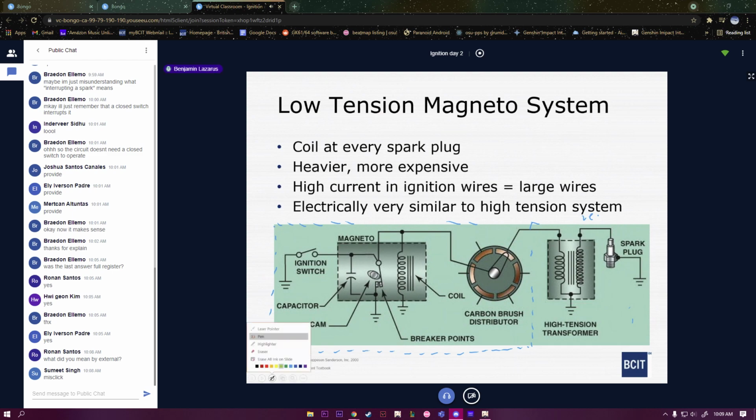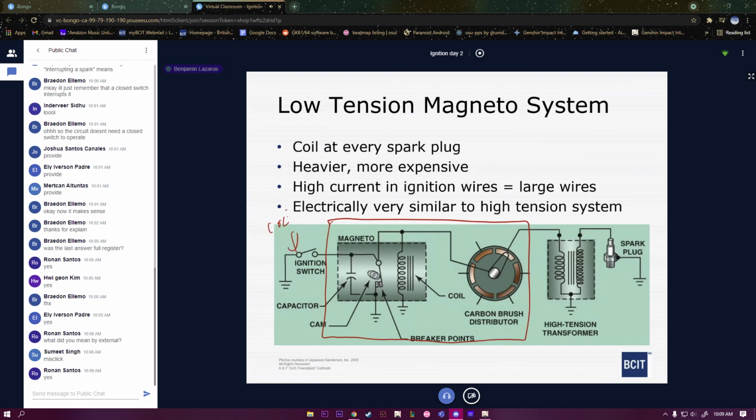Erase all ink on slide. And then let's draw in dark red. This would be my magneto. Does that make sense? This is going to be in the cockpit. And then this is the wire, and this will be out at the cylinders.